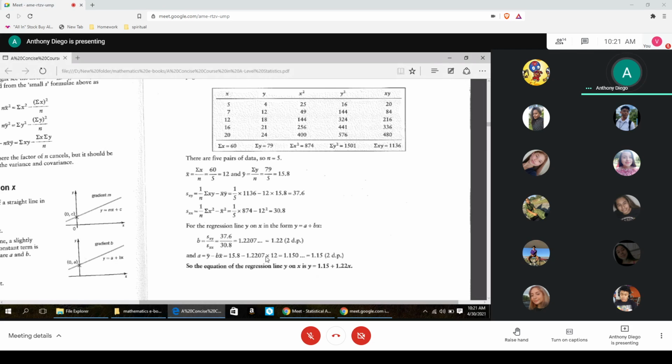Yes, you're just going to be substituting the values of x in here. Then you get the value of y. You're going to get a straight line that will represent the scatter points that you would have had on your scatter diagram. Okay, sir. Thank you. You're welcome.